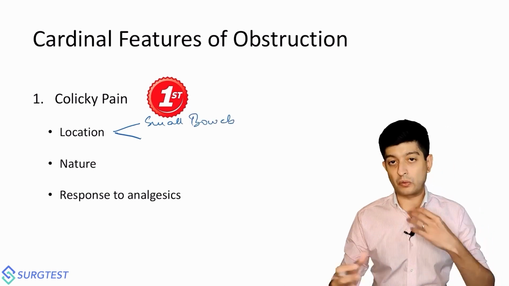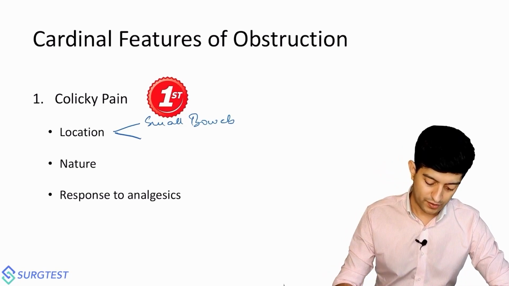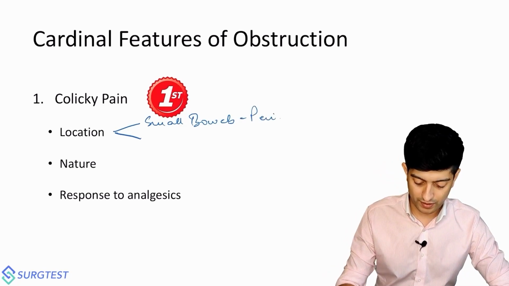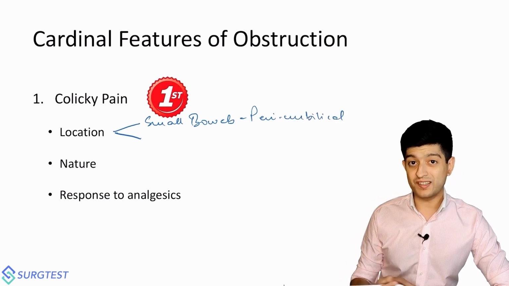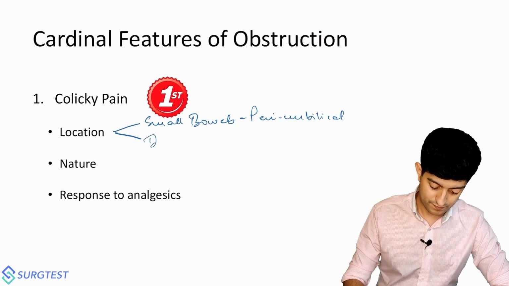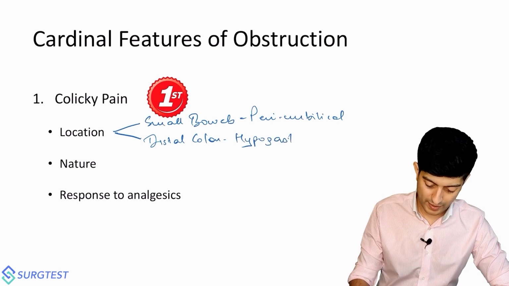or an obstruction that is going up till the transverse colon. Well, this is a midgut level, right? So you'll end up having periumbilical pain. But if it's a more distal obstruction, say rectal, then the pain is going to be more hypogastric.